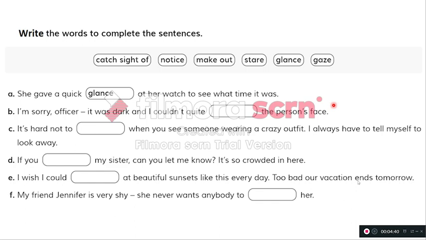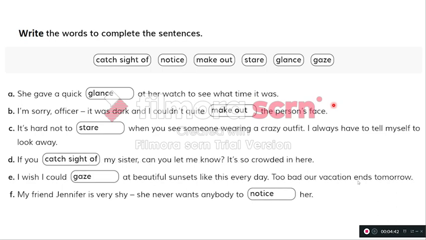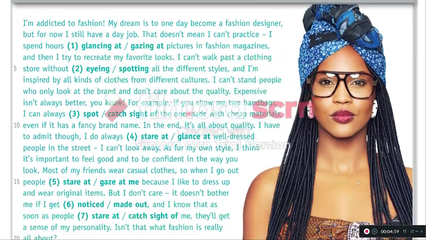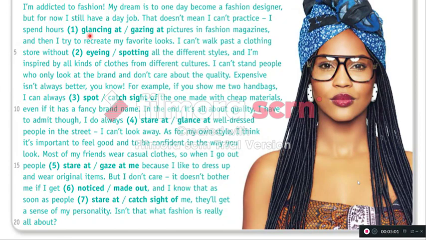All right. Here are the answers so that you can double check. Very good. Now, moving on to the next exercise, here we have: underline the appropriate verb phrases to complete the description. So over here we have this description, and you're gonna practice the vocabulary by choosing the correct option. Okay, so read the complete text and underline the answers.